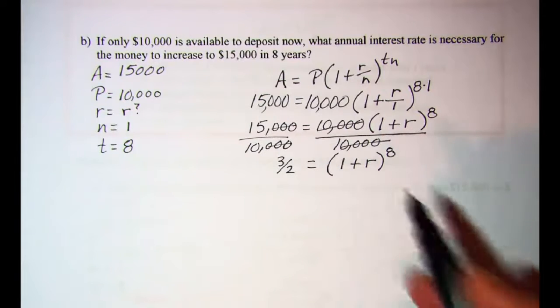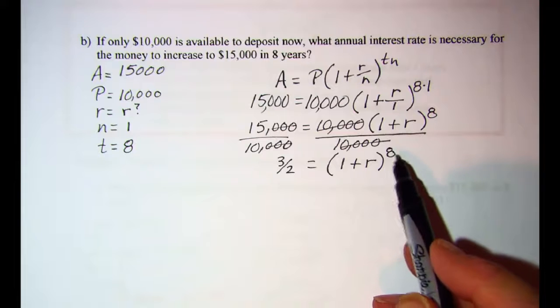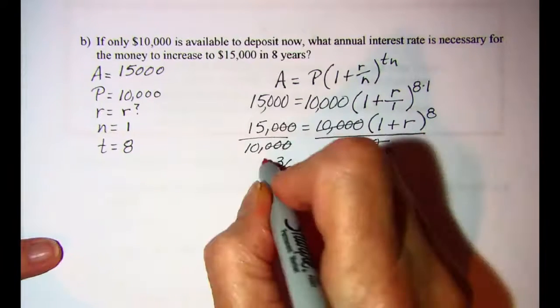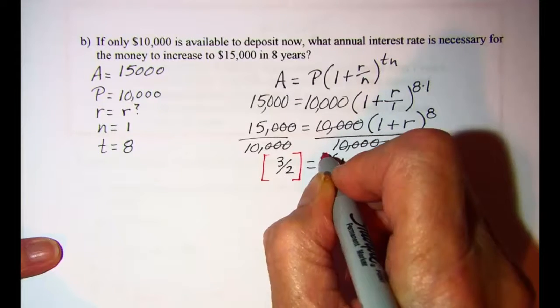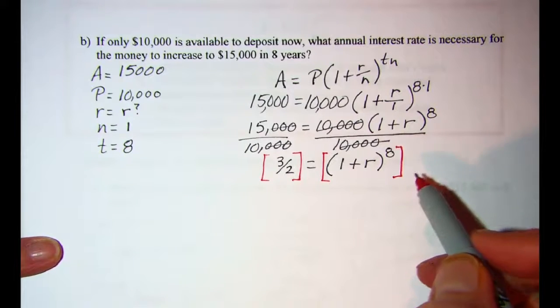All right. The next thing that I need to peel away is this exponent. Remember that to get rid of an exponent, we can raise both sides to the reciprocal power. So I'm going to do that. You can do reciprocal power, or you can do the 8th root.